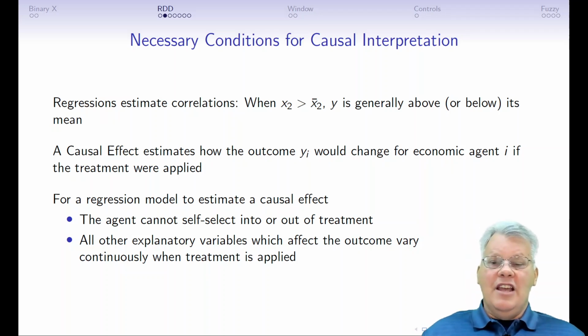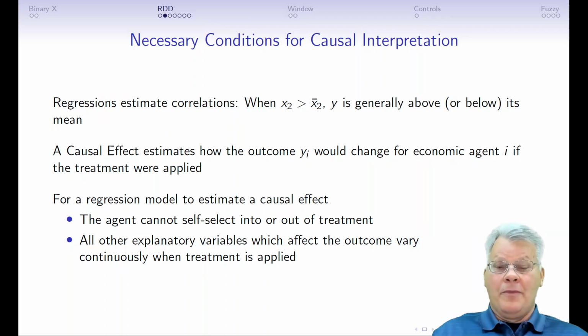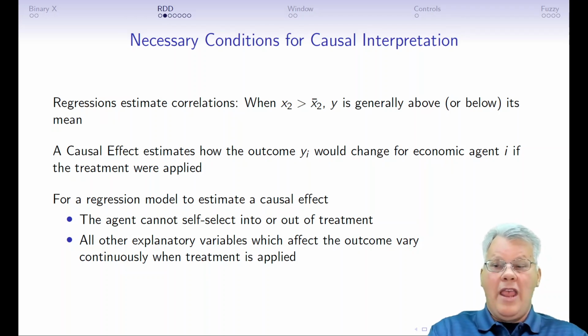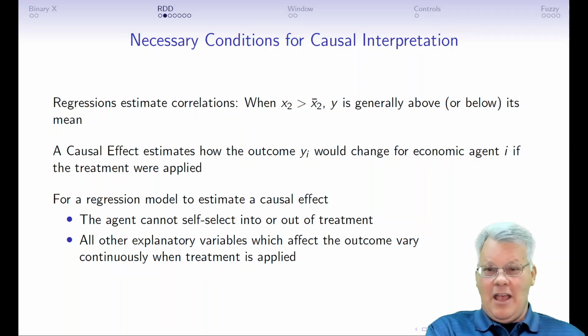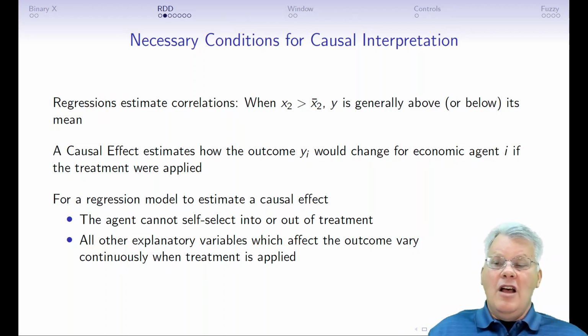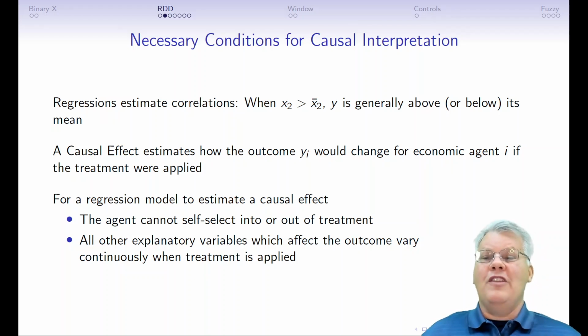The other condition is that the other explanatory variables which affect the outcome vary continuously when the treatment is applied. So if we go back to the Air Force Academy drinking paper, if our thought experiment is we're in essence comparing the GPAs of students who turn 21 right before final exams versus those who turn 21 right after final exams, for this to be an honest-to-goodness causal estimate, it's necessary that everything else that might affect students' grades vary continuously through their 21st birthday.